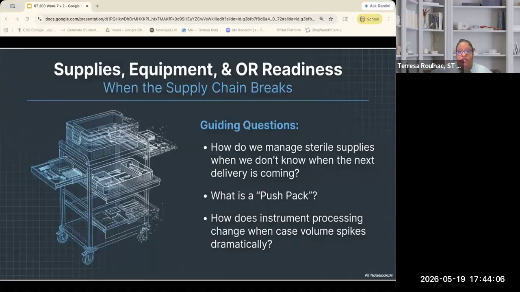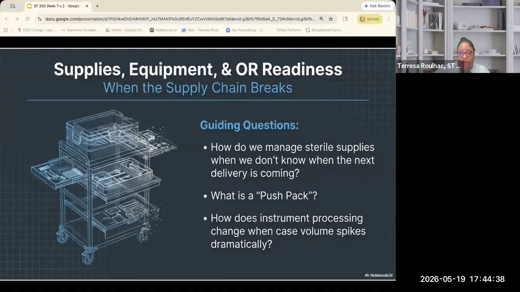Supply trucks are now delayed. Of course, SPD, sterile processing, is definitely overwhelmed. But what becomes critical? What do you think are going to be some of the important things that we're going to be thinking about with this new 450 caseload and our supply trucks being delayed?